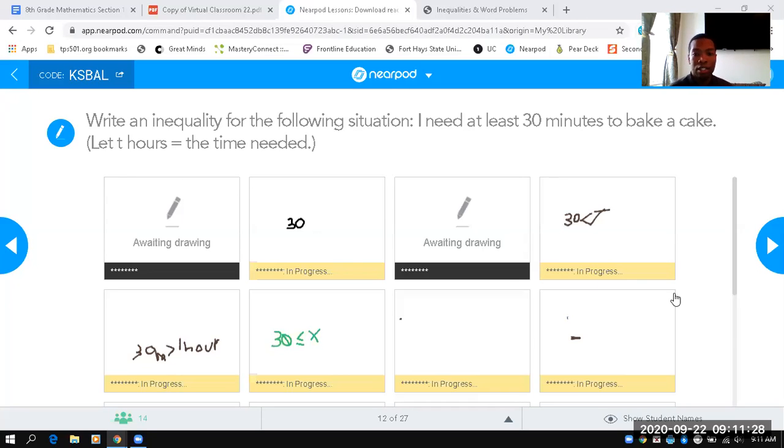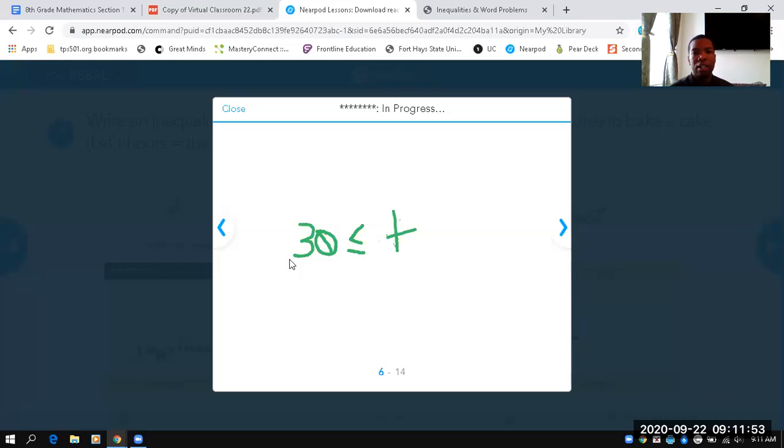All right, so let's look at some of the answers that some people are giving. Let's look at this one right here. It says 30 is less than or equal to t. So yes, it's saying that t hours, I need at least. So we know that the bottom line is 30. So t has to be greater than or equal to 30. All right, that's a perfect example of how we can transform a word problem into a simple inequality.